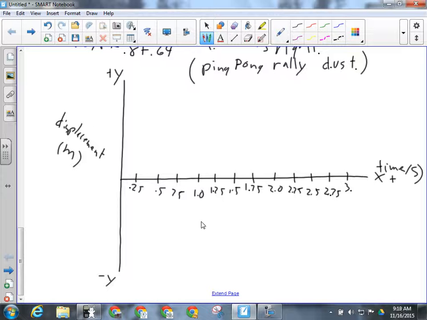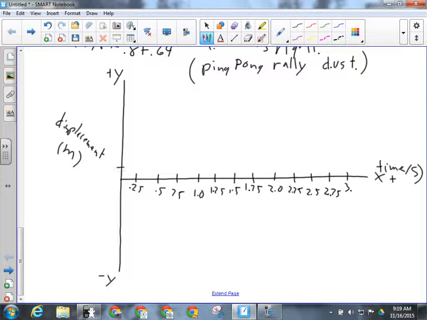Okay, and then on my y-axis, I should also have a scale. We were looking at things that were traveling like 4 to 6 meters, something like that. So I'd say if we can get up to maybe 8 meters above and below, that should be lots for our graph here.